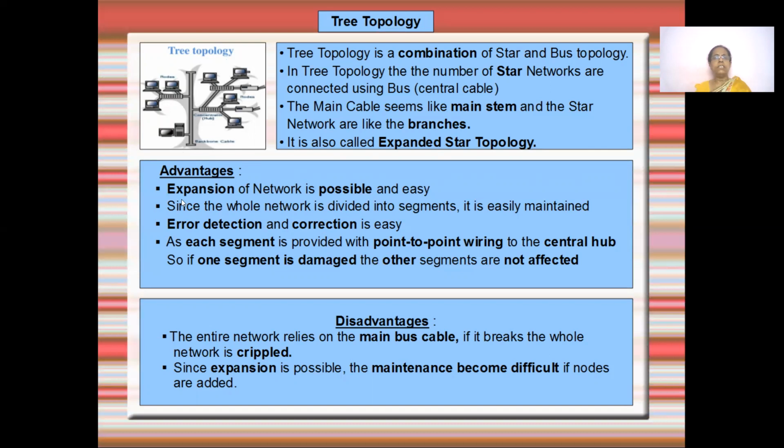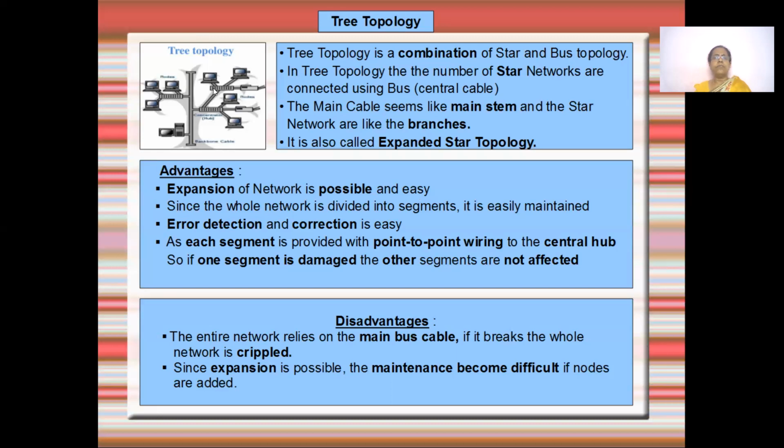The advantages of this topology are that expansion of the network is possible and very easy. Since the whole network is going on one single cable and is divided into segments, it is very easy to maintain each part separately.